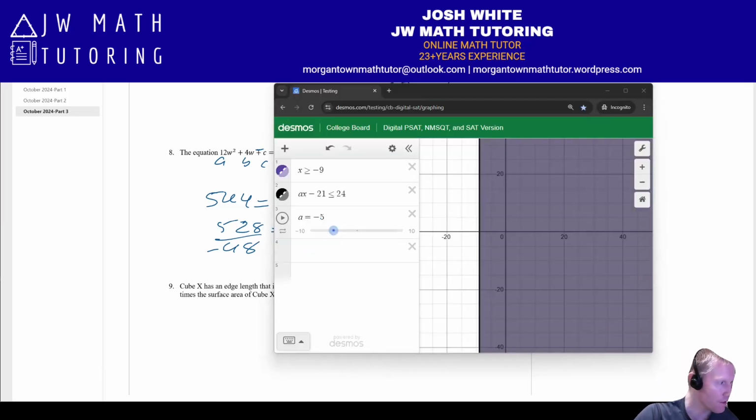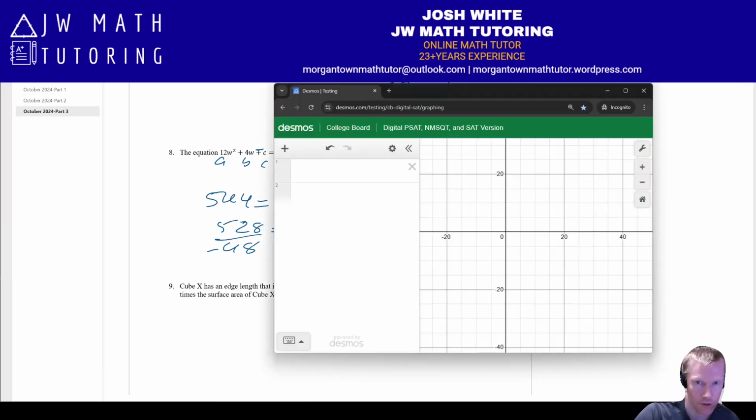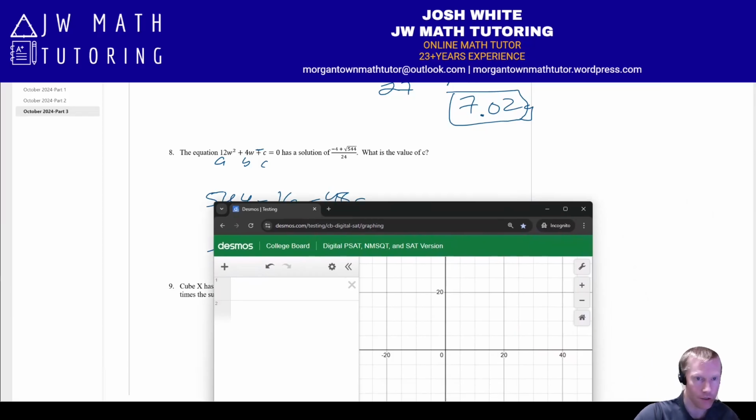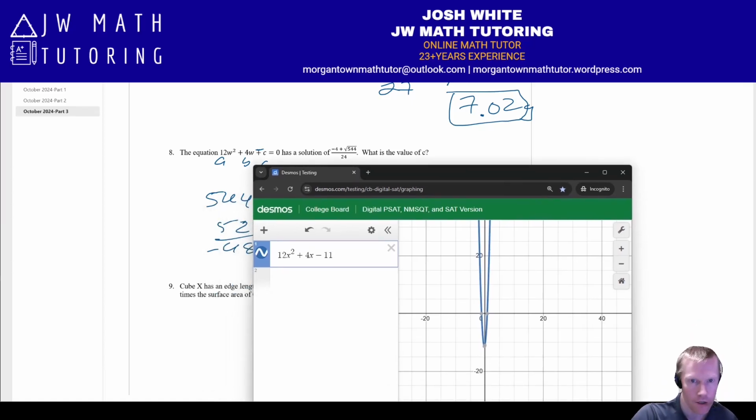Now we could just check this in Desmos. So I'm going to type in the problem and use X instead of W. Now I have two solutions here: 0.805 and negative 1.138.